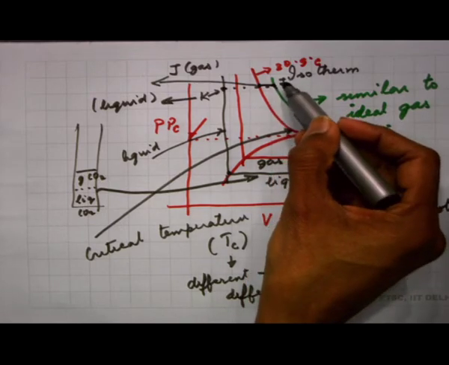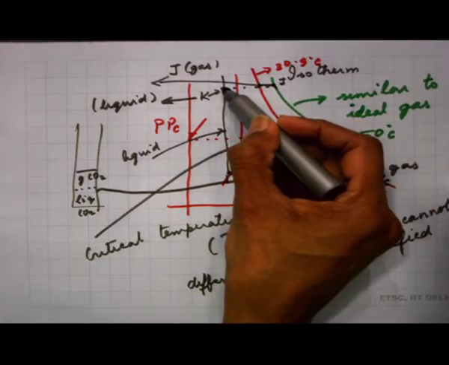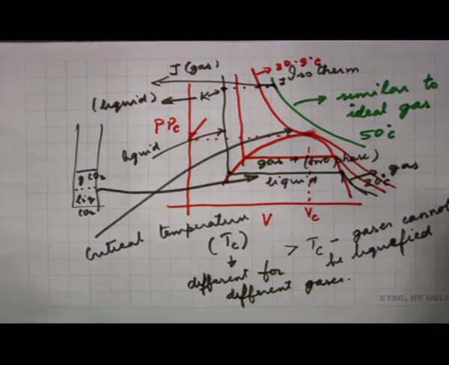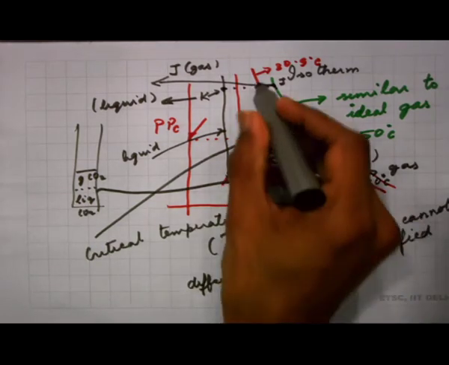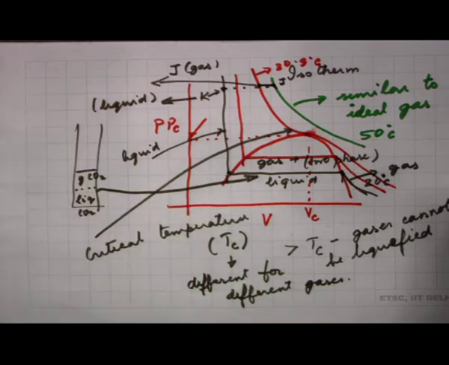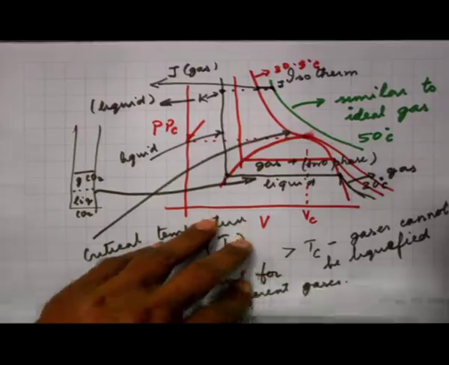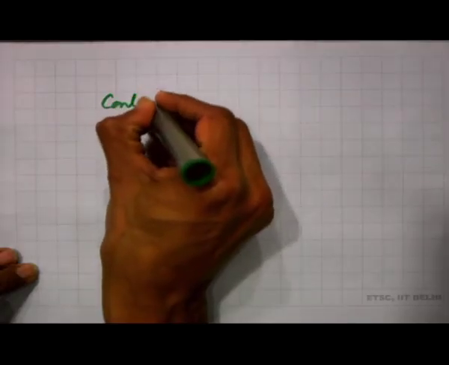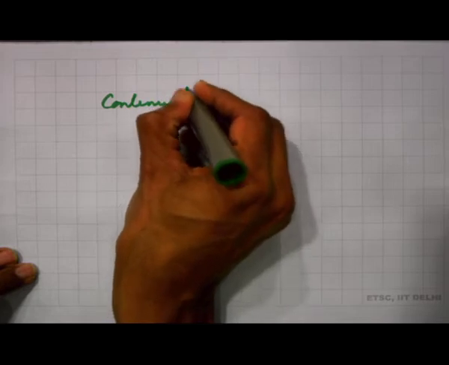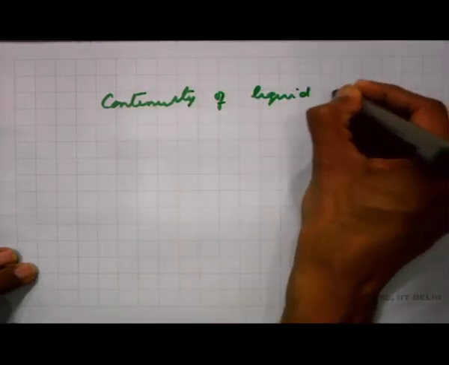You are able to go from the gas phase J to the liquid phase K without going through the two phase gas liquid equilibrium. So, there is a continuity, this is what was claimed. This is how Andrews calls it. So, there is a continuity of liquid and gaseous states.